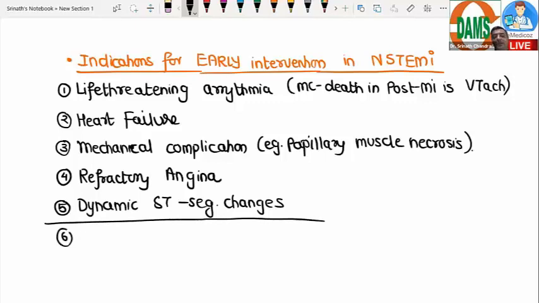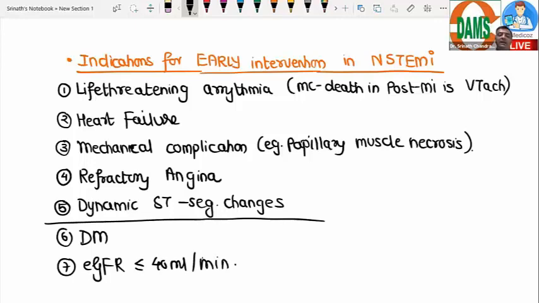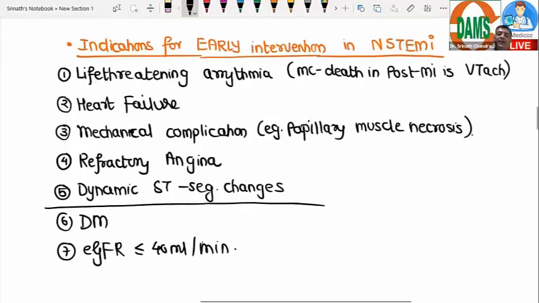The special indications are also diabetes and renal failure with eGFR less than 40 ml per minute. So these are the 7 indications that, if present, warrant early intervention in NSTEMI.